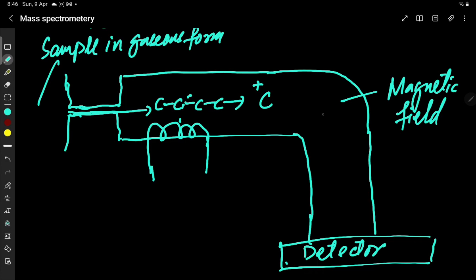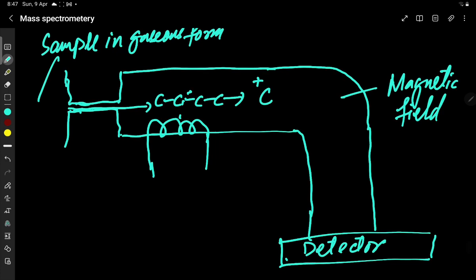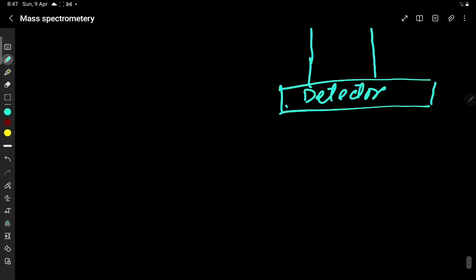Heavier ions are less deflected over here, while the lighter ions are deflected more. So that's why lighter ions are detected first, later on the heavier ions. Lighter ions form the larger peak, while the heavier ions form the small peak on the spectrum.